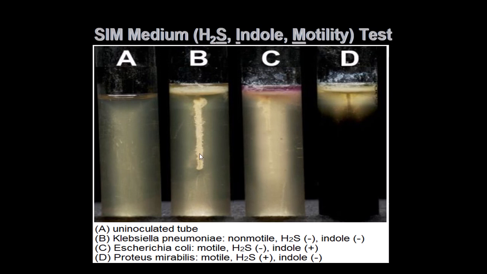No motility means it's non-motile. And when you add the Kovacs reagent and it gives you a red color to the surface, that means it is indole positive. Black color means here simply sulfide positive.